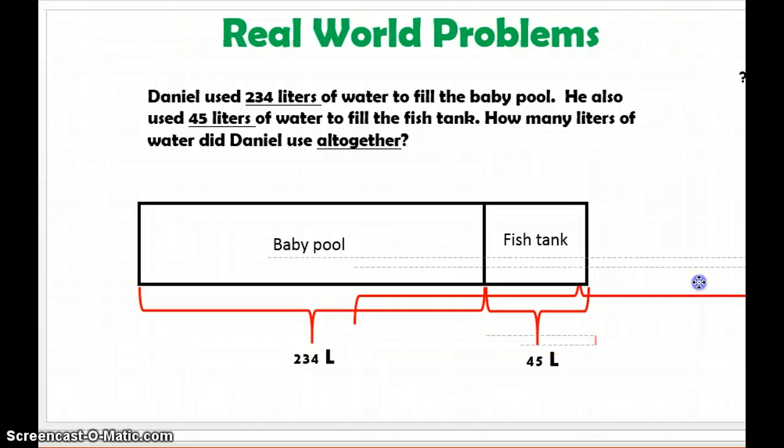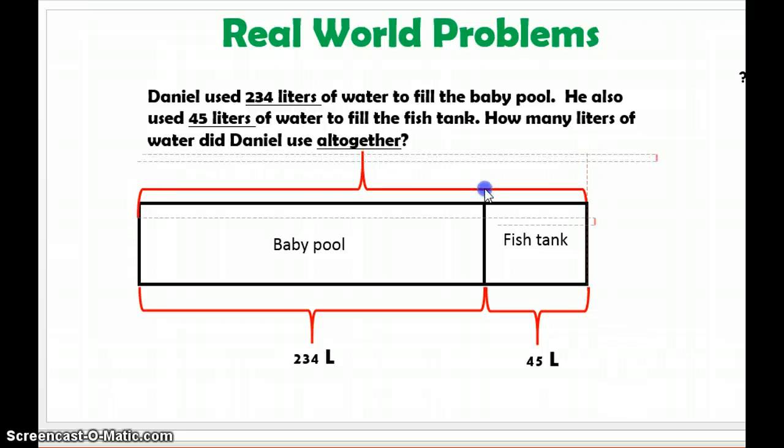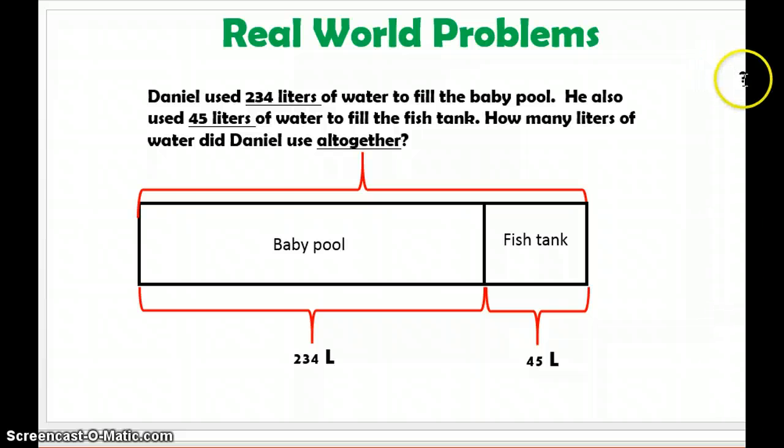My whole, I want to know, the question, let's go back to the question. The question is asking me, how many liters of water did Daniel use altogether? So I'm going to be adding, putting this part and this part together. That means I don't know what this is. This is my question here. I don't know what Daniel used altogether.